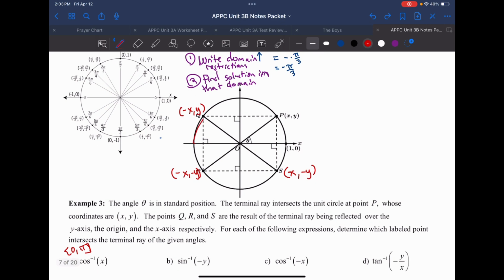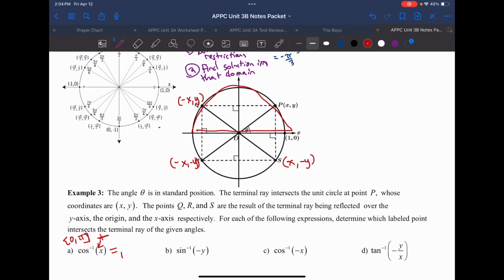Where would I have a positive x, right? Well, that happens at P, because my x value is positive. Okay, you can pause this and try to do the next one if you want to.